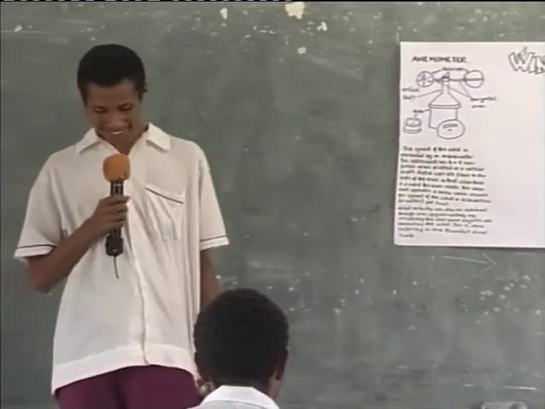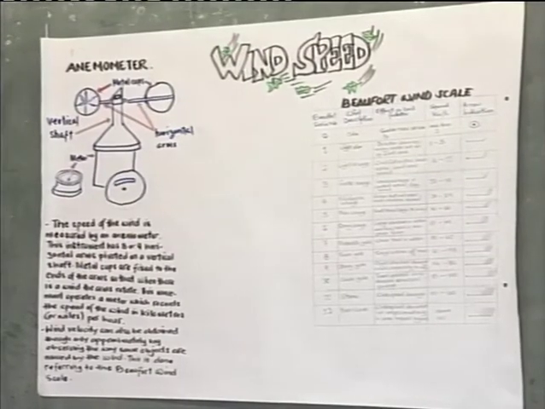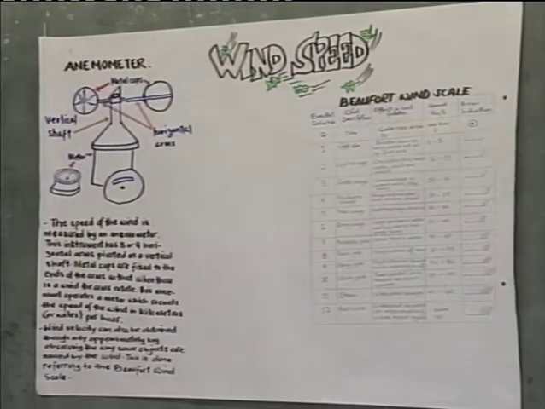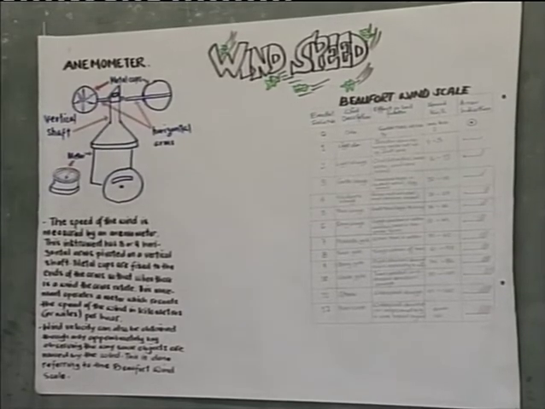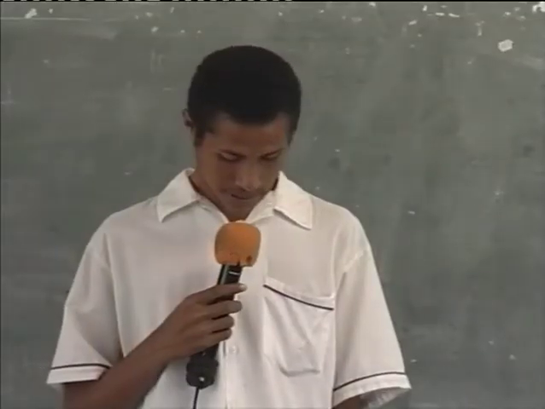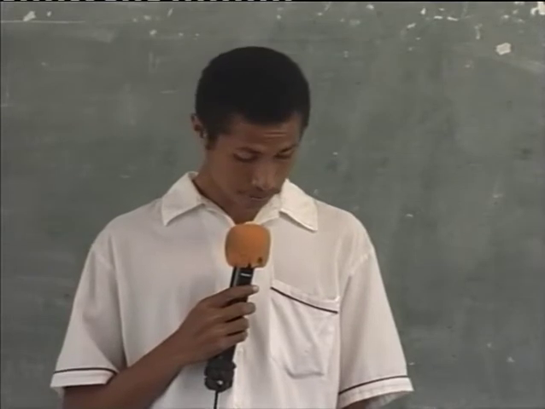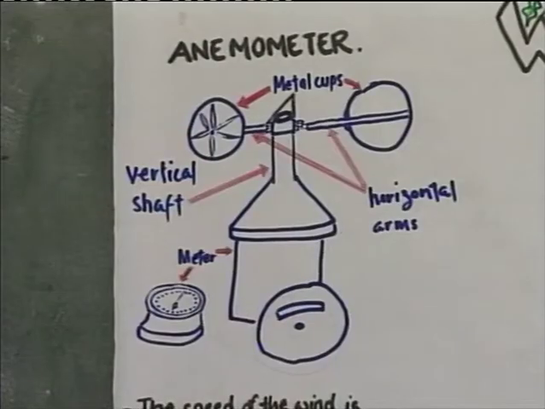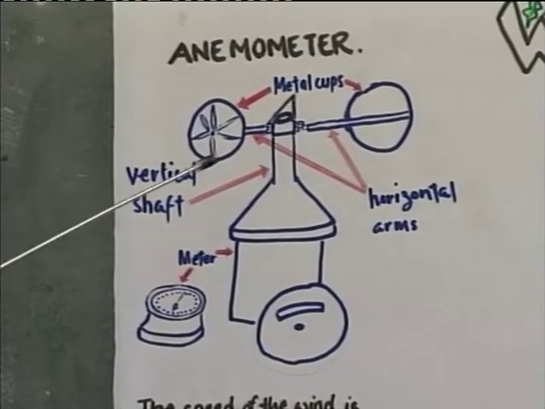Good morning, class. We'll be presenting how to read the wind speed. Firstly, wind speed is measured by an instrument called an anemometer. The instrument has three or four arms. It's this one.